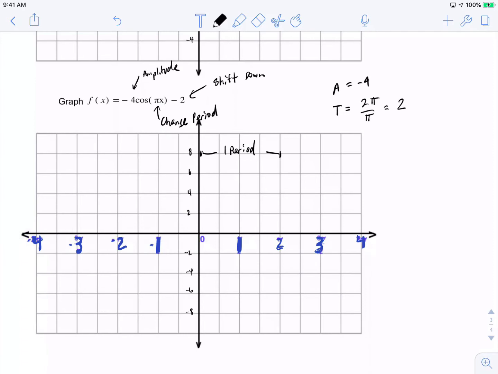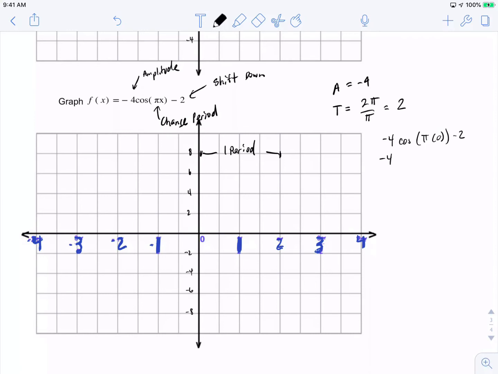So let me show you how I would find this. I'm going to pick some values that I know are pretty simple. And then since I know what cosine already looks like, I know how to draw it based off of just 3 points. So I'm going to use 0 first. So I'm going to go -4 cosine of pi times 0, and then -2.